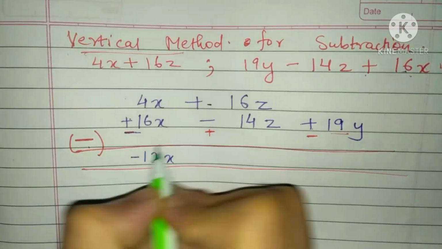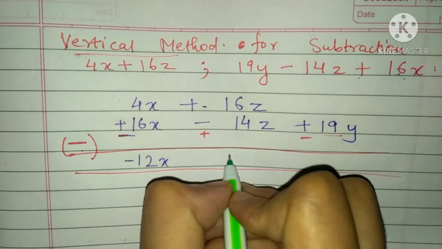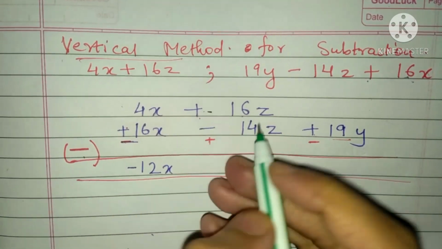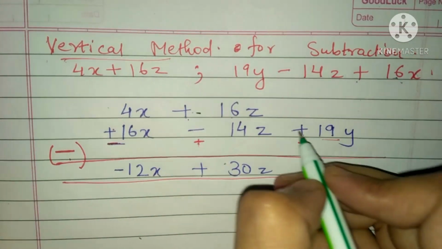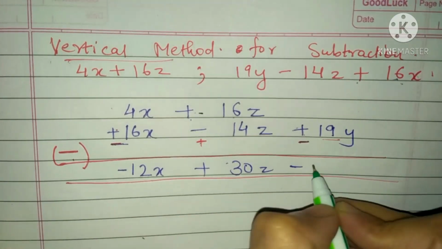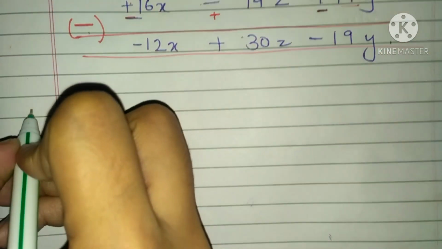Minus 12x. Then plus 16z plus 14z. Now as I have told you, this sign will be considered the sign of the second expression, not the sign which was there before. And plus 19y minus 19y.